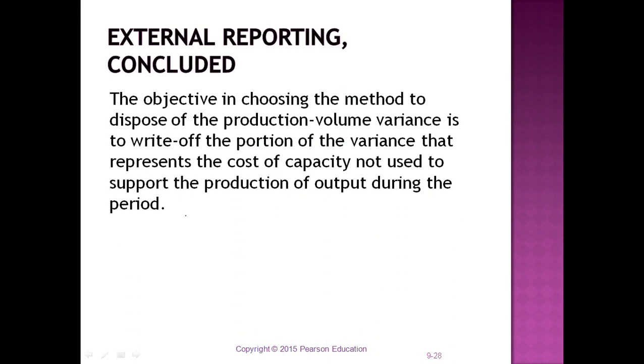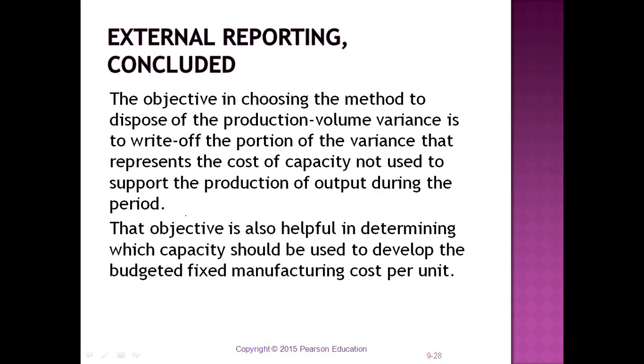So we could say that for external reporting purpose, why you are using this capacity utilization rate becomes very important, because you have to develop the budgeted fixed manufacturing cost per unit.